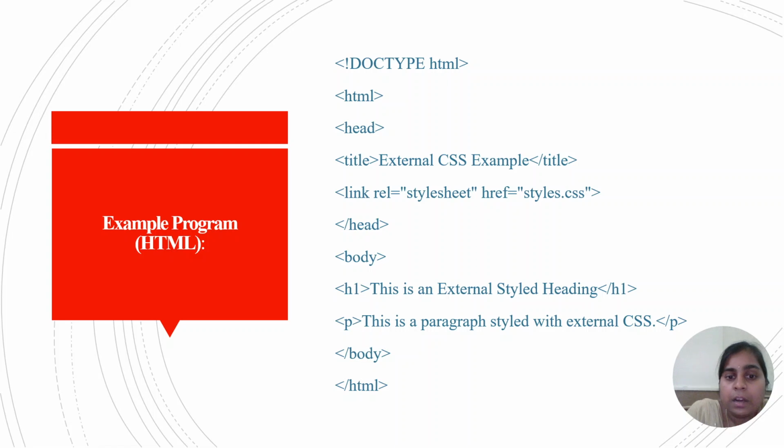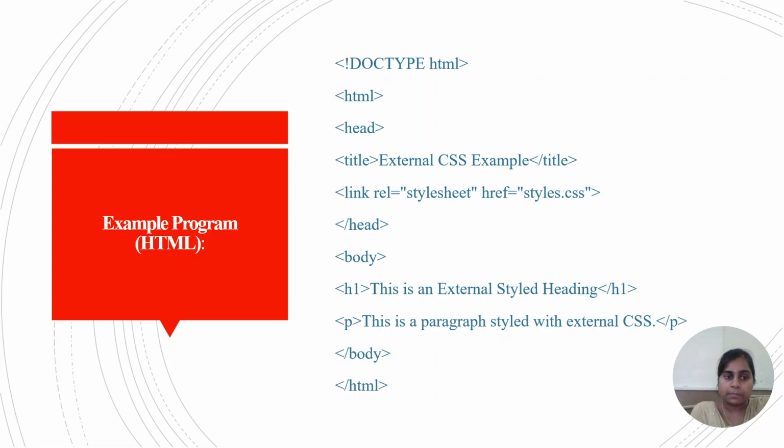So here I am having the style sheet, and the reference must be the CSS file. So I am taking the CSS file name as styles.css. So in the earlier slide we have a CSS file right now.